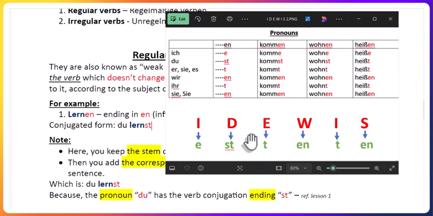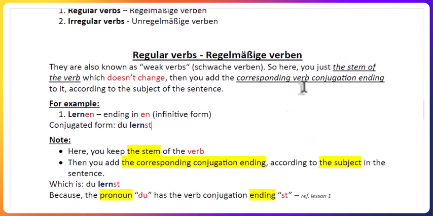So you add the corresponding conjugation ending according to the subject in the sentence. Because the pronoun du has the verb conjugation ending st. Check the reference in lesson 1.